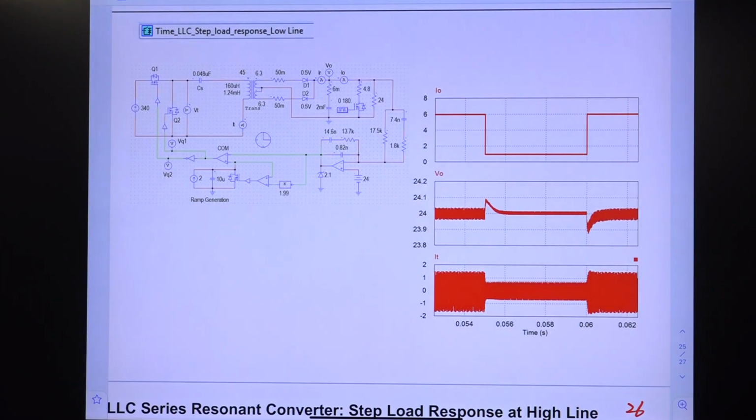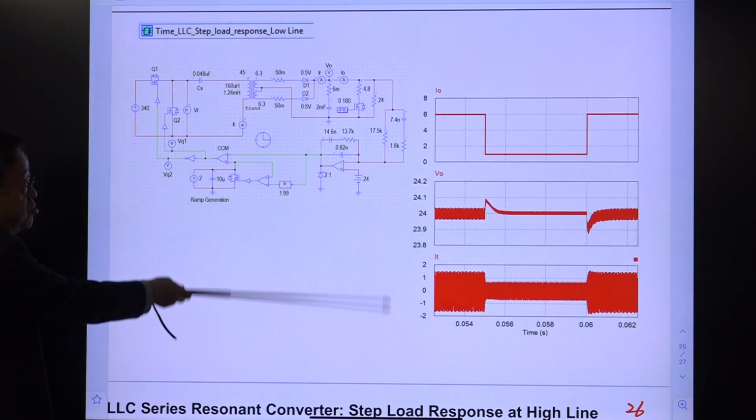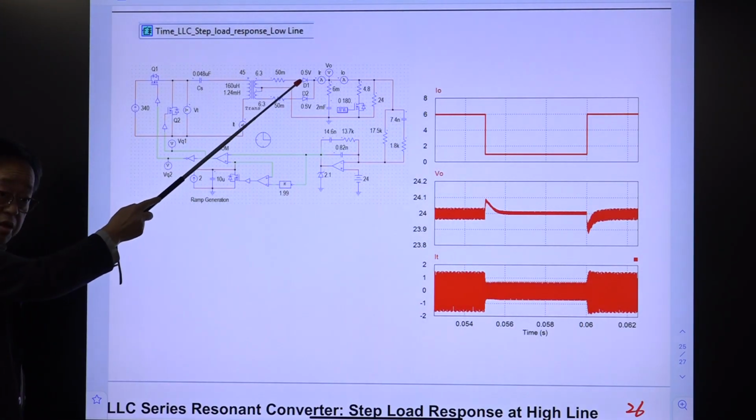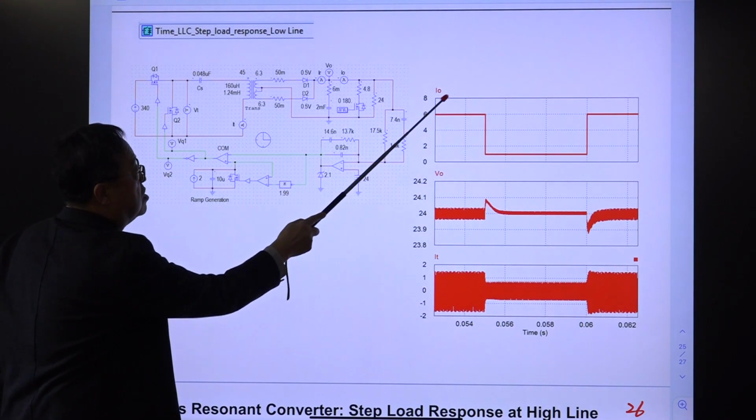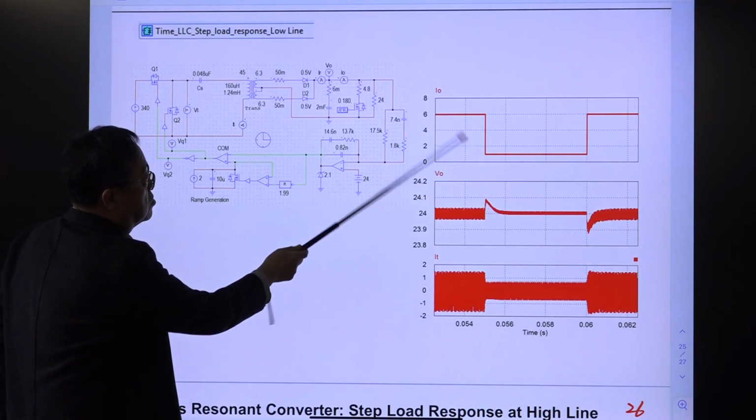Grid sag or something. So the range was 200-something at the bottom value, and the top value 3-something-8, very similar to 400 volts. So this input variation is very large. So we tested the performance of this design at low line. So this is the change in the load current, a huge change.